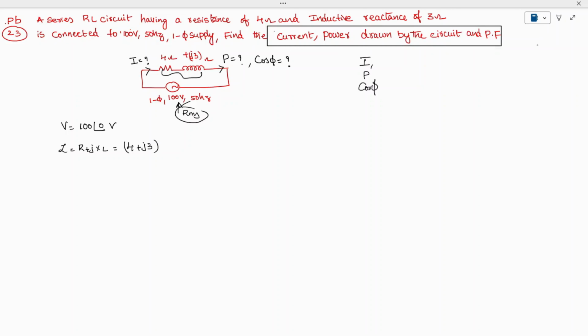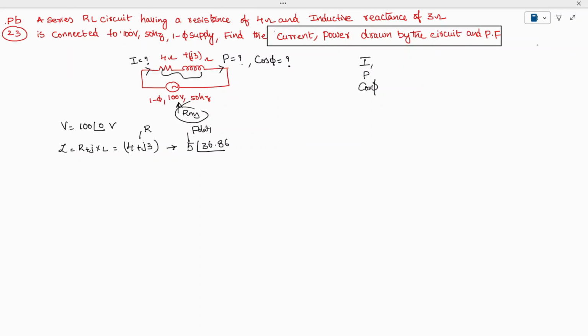Use your calculator to convert this from the form a plus ib, which is rectangular form, into polar form. Then the resultant answer is 5 at an angle of 36.86 ohms.